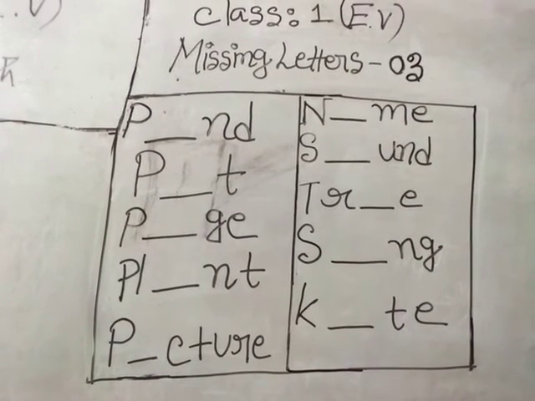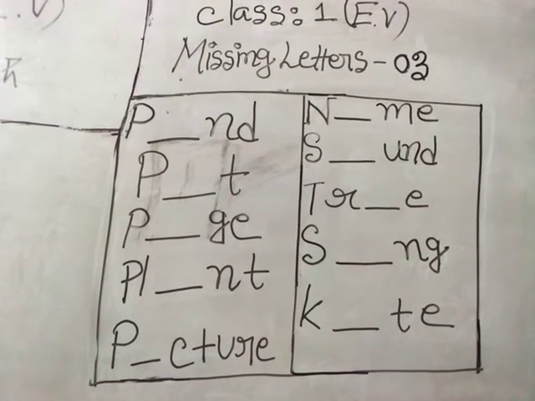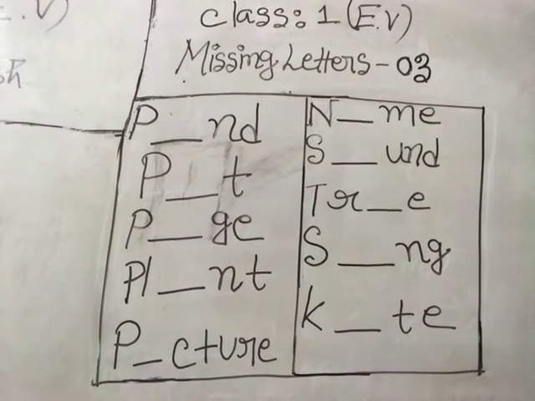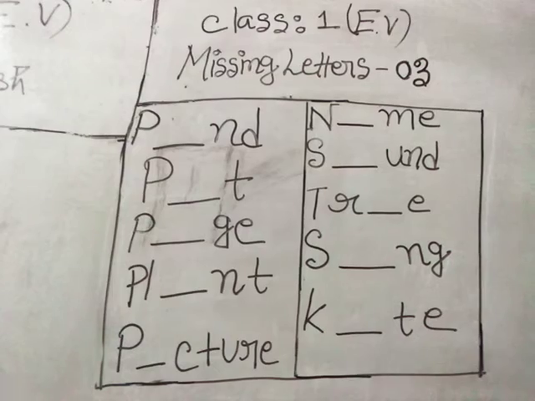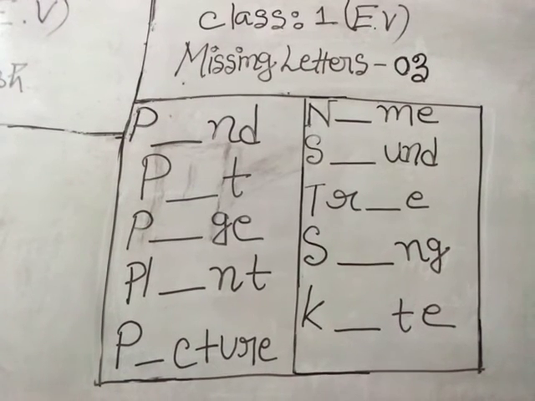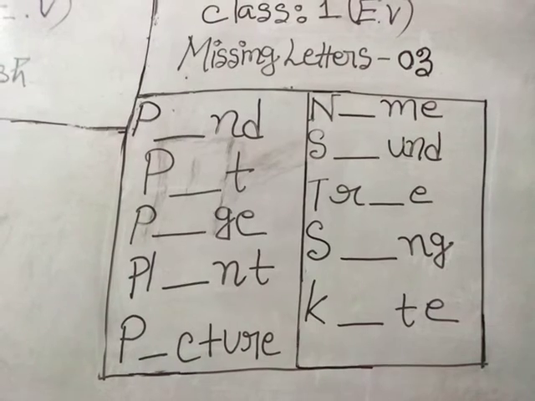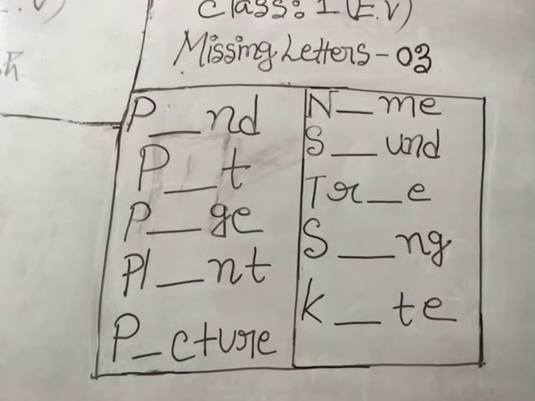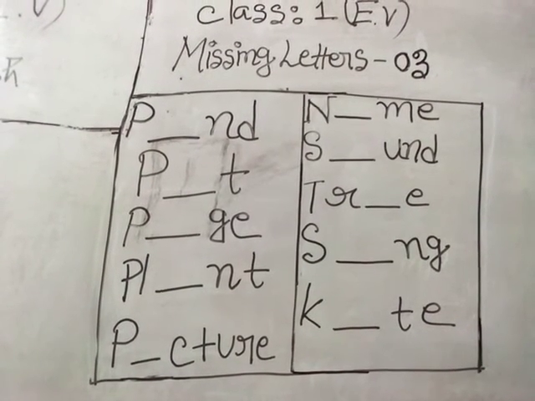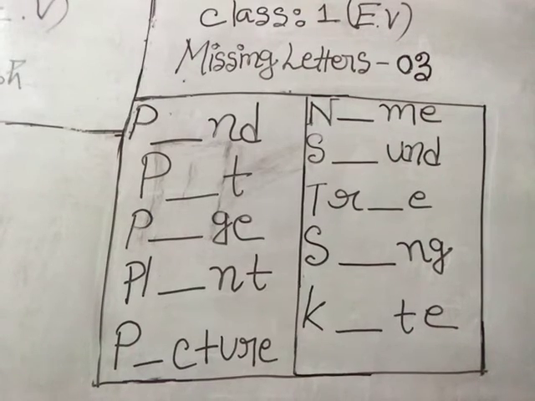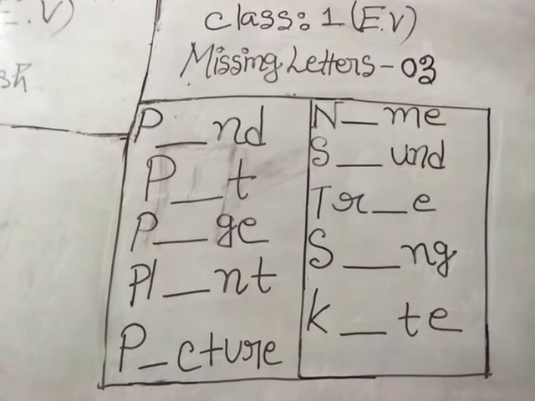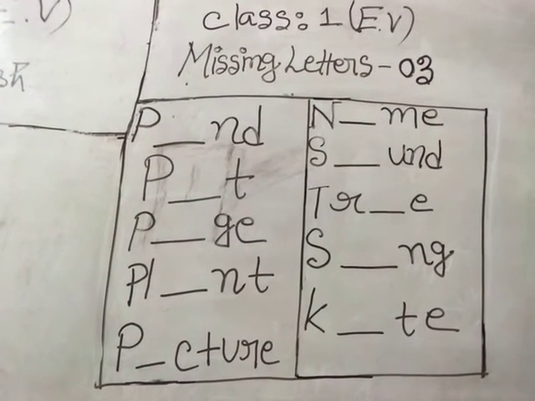These are fill in the blanks actually. For more phonological words, we use missing letters. That's it. So here in a box, some of the words are given. I would like to ask you to please note down these words along with the dash, along with the gaps.